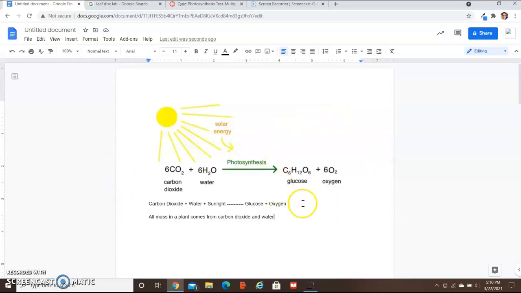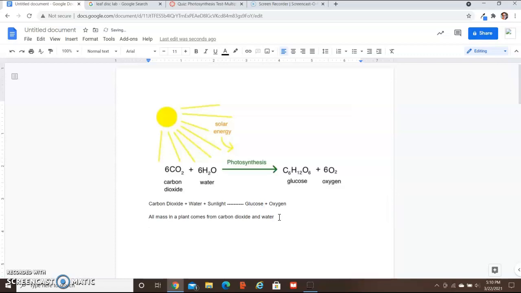The whole point of photosynthesis is energy. So the plant is able to take sunlight, which is a form of solar energy, and go through this process of photosynthesis, this chemical reaction, and in the end produce glucose, which is a sugar, and it stores chemical energy, which the plant can then use inside its cells to make different types of energy that different cells need.